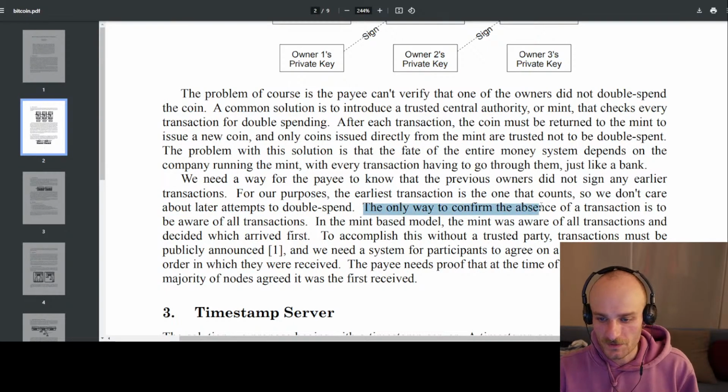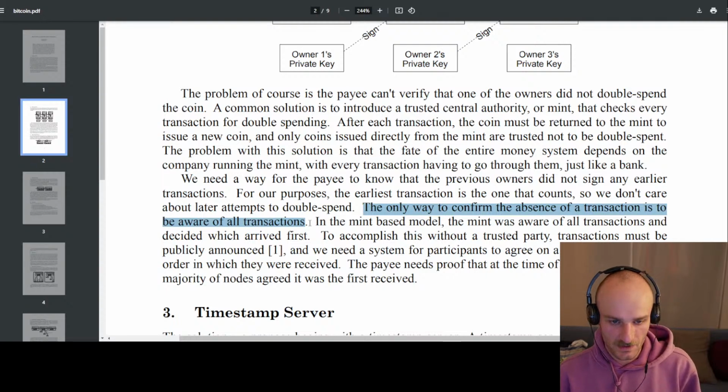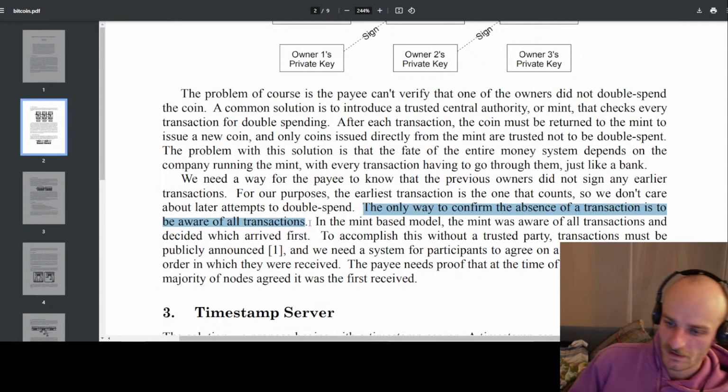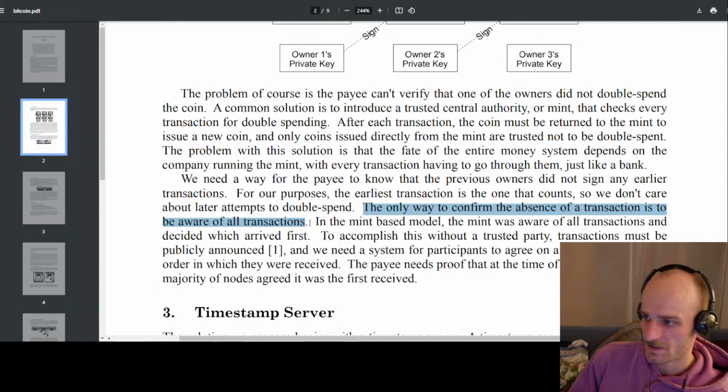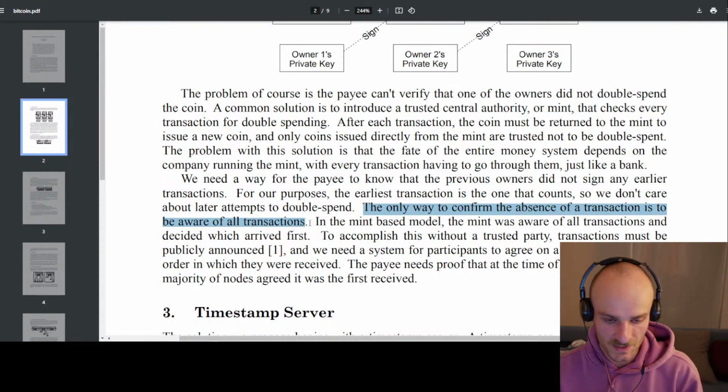The only way to confirm the absence of a transaction is to be aware of all transactions. So when I say that, if you're the payee and you're receiving a token from someone, you need to be sure of all the history. You need to be sure that this new transaction is coherent with all transactions that already happened.